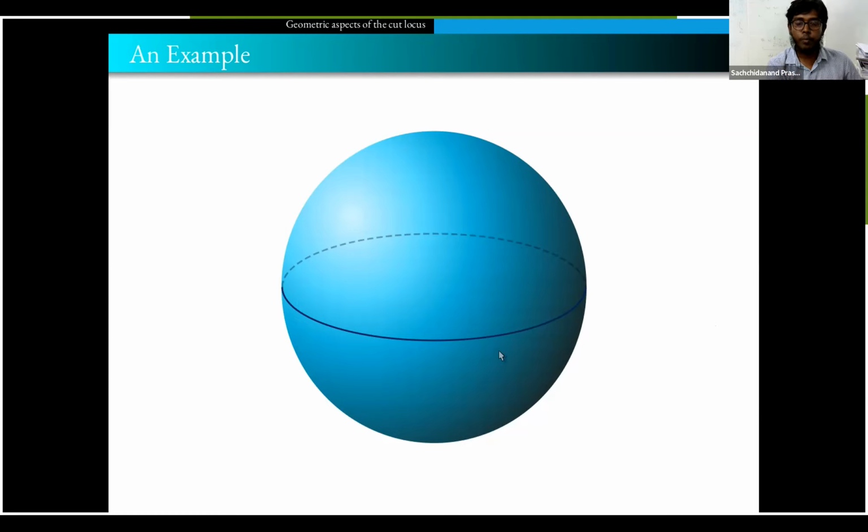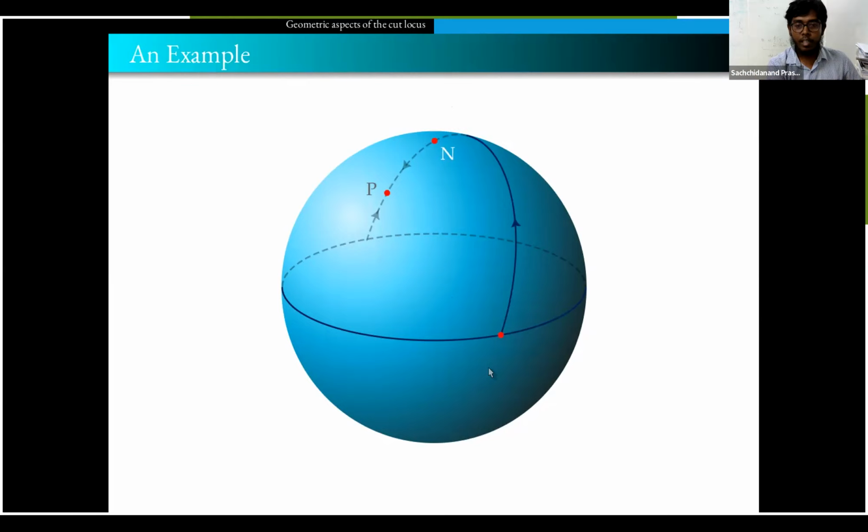So if we shoot a geodesic from any point of the equator and try to see which is the first point where this geodesic fails its distance minimal property, then if I shoot it in this direction, till the north pole the geodesic preserves the distance minimal property, and as soon as it crosses the north pole, I can reach the same point from the other way, which does not preserve the distance minimal property after the north pole, and hence the north pole is a cut point.